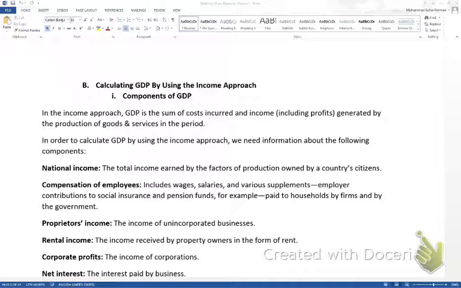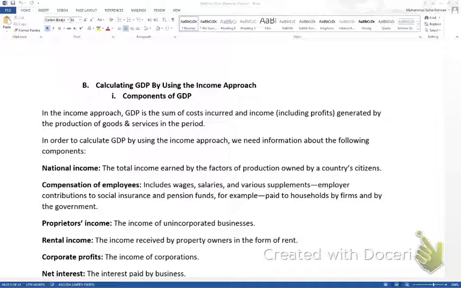We have looked at the so-called value-added approach, and then we have looked at how to calculate GDP by using the so-called expenditure approach, where we figure out how much expenditure has been made by various players in the economy, the household, the firm, the government, and the rest of the world. We add those and we get the GDP.